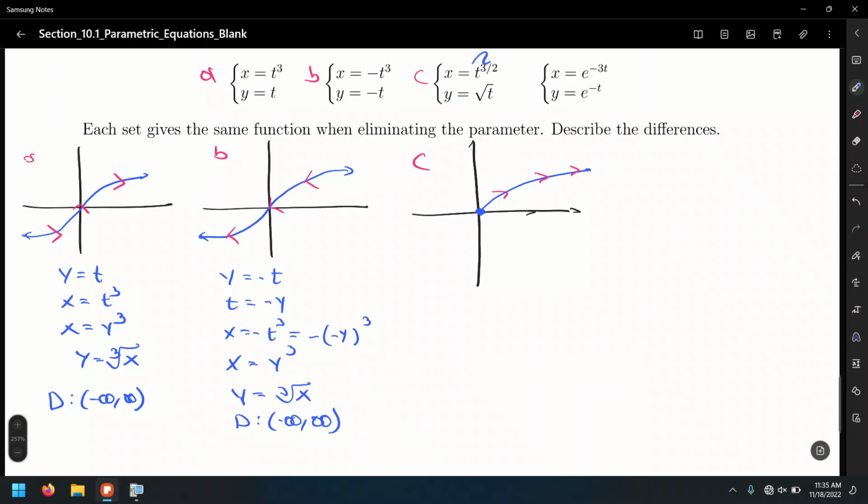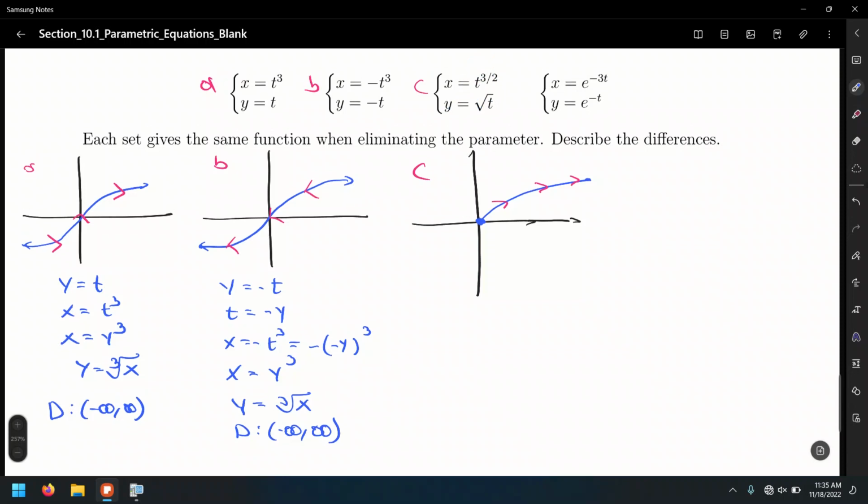The easiest equation of these two, I'm going to think of the square root of t instead of t to the 3/2, because a rational exponent is a little more complicated than a radical. In this case I'm going to call y equals the square root of t our equation to eliminate the parameter. I'm going to square both sides to get t by itself. That's y squared.